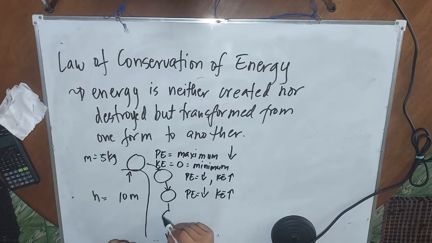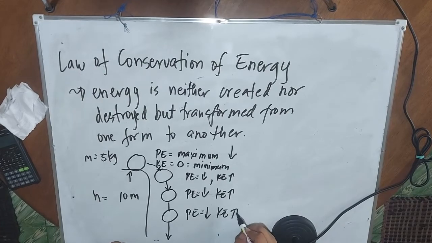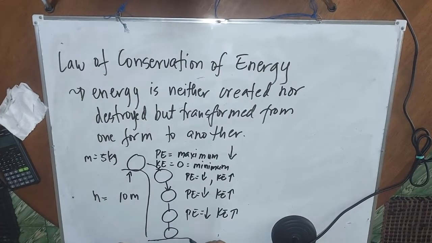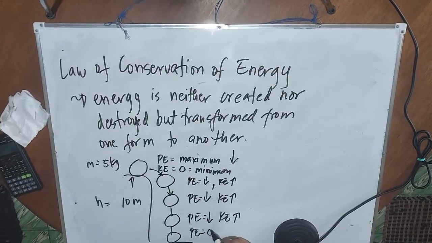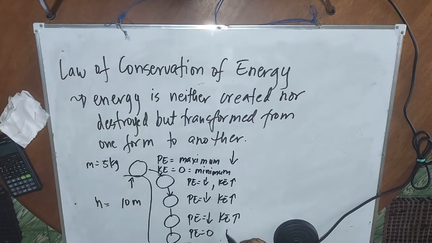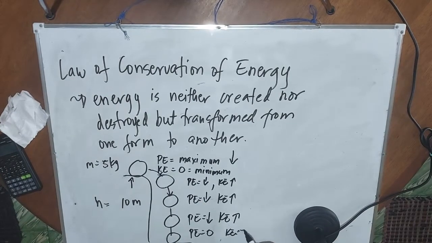Pag mahulog pa yung object natin, potential energy, again, is decreasing, kinetic energy is increasing. Just before the object reaches the ground, okay, the potential energy will become zero or minimum, but the kinetic energy will become maximum.